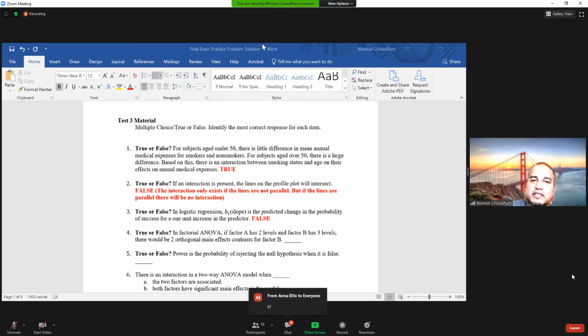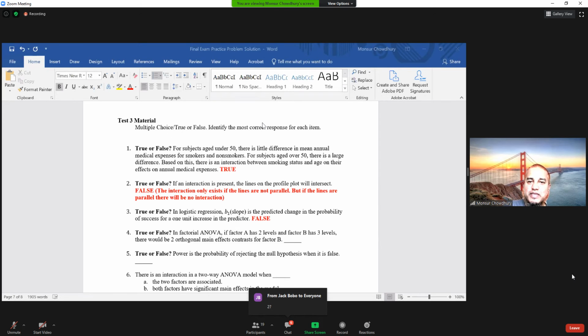Okay, let me see what you said. So Anna says 6. We are looking only for the main effects for factor B, not for A and B. So Jack says 4. Okay. 2. Okay.